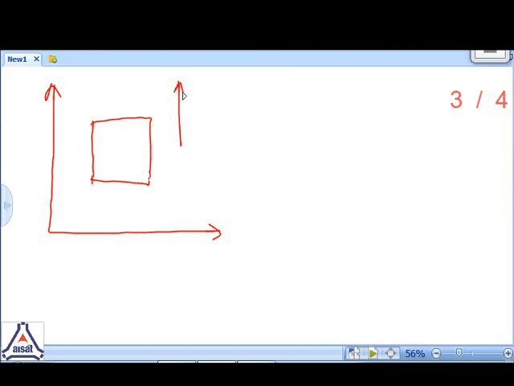The important thing is that there is no change in the x coordinates, only the y coordinates change. I am going to shift this diagram, suppose 2 units, in y direction. So the coordinates are 1, 1, 2, 1, 2, 2, 1, 2.